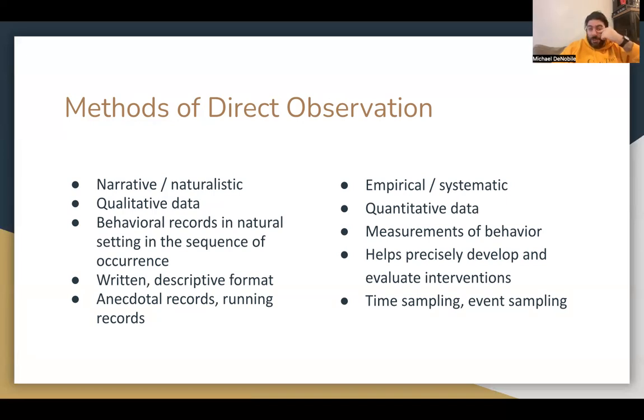And they too can be used at the higher grade levels, although these are most often used at the early childhood levels. So the two major different types of methods include narrative or naturalistic, and empirical or systematic methods of direct observation.